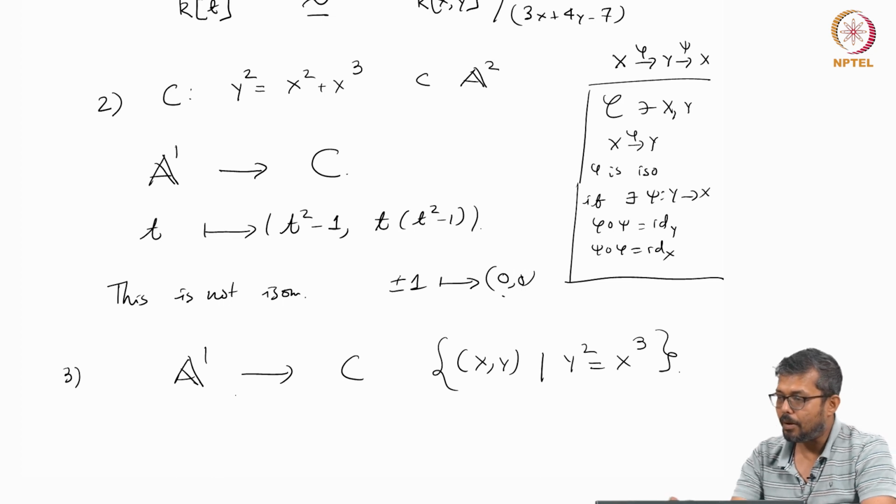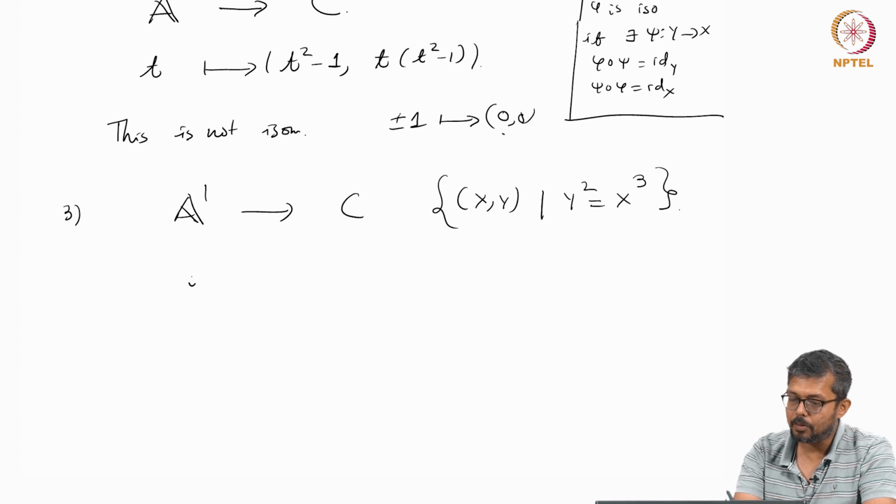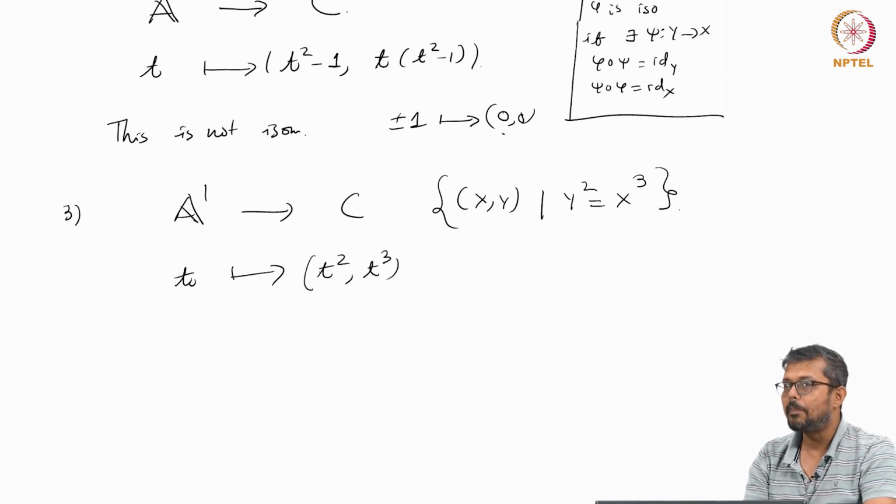Then this map, t goes to (t square, t cube). This is a parametrization map. But this map is a bijection, but it is not an isomorphism.